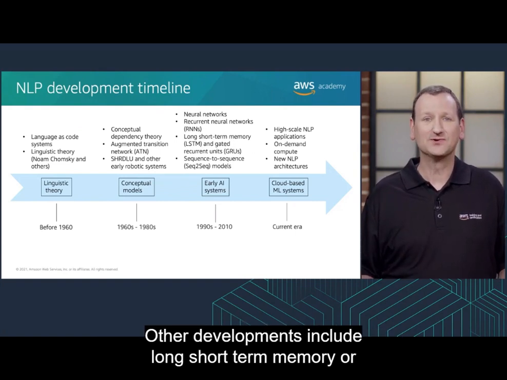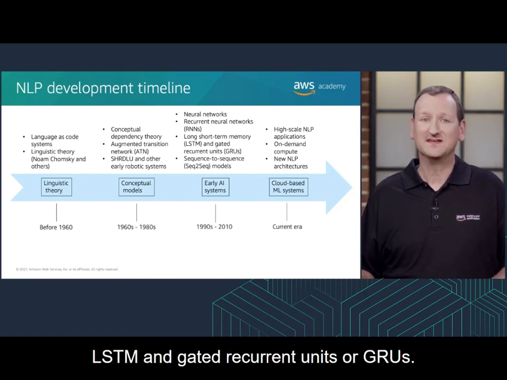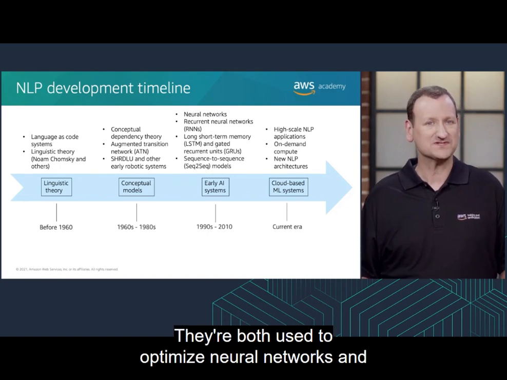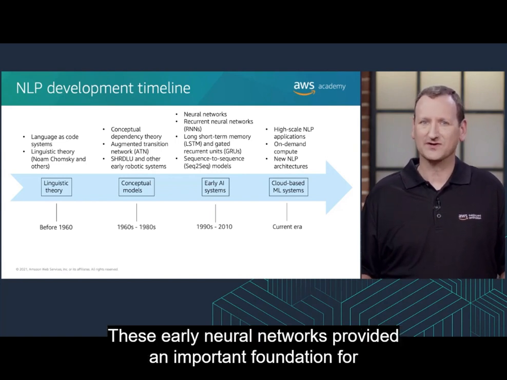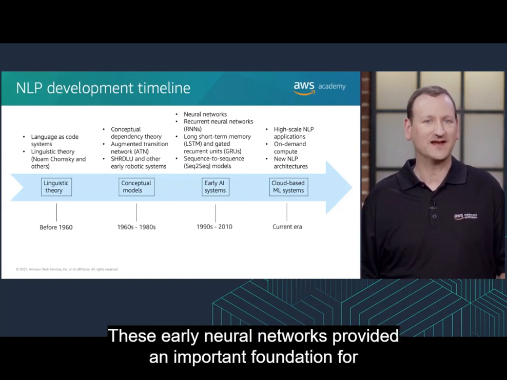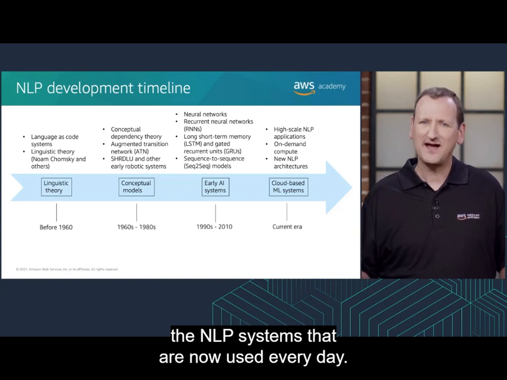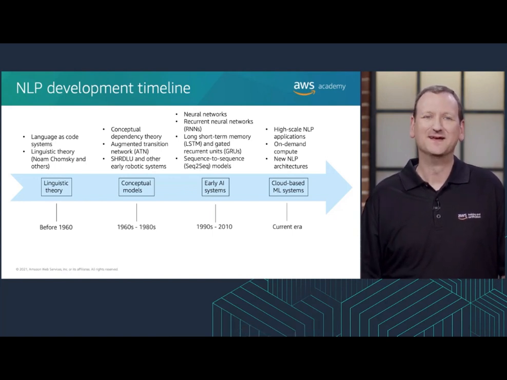Other developments include long short-term memory, or LSTM, and gated recurrent units, or GRUs. They're both used to optimize neural networks. And finally, sequence-to-sequence models, or seq-to-seq, were also developed. These early neural networks provided an important foundation for the NLP systems that are now used every day.